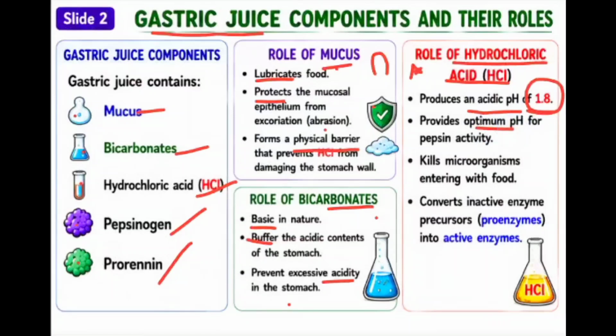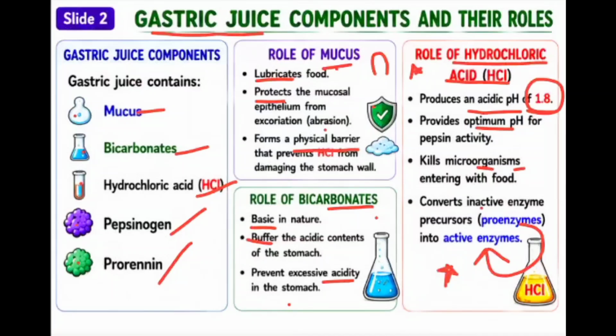Second, it destroys the harmful microorganisms that enter the body along with the food. And third, most importantly, it converts inactive enzyme precursors called proenzymes into active enzymes. This function is very crucial because digestive enzymes must first be activated before they can perform their work.